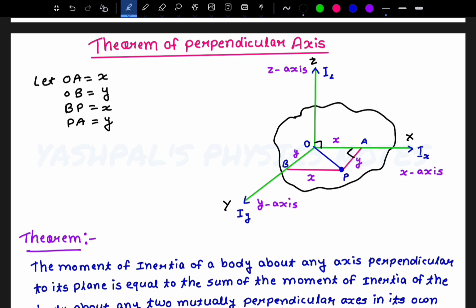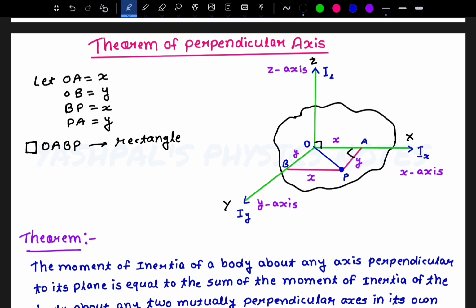Why did we consider this? Because you can see that quadrilateral OABP is a rectangle. From the figure, the distance OB is equal to distance PA, and distance BP is the same as distance OA.